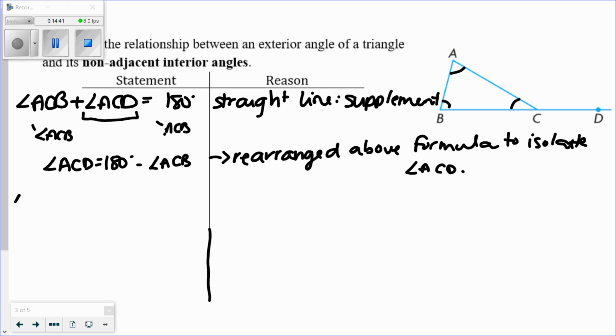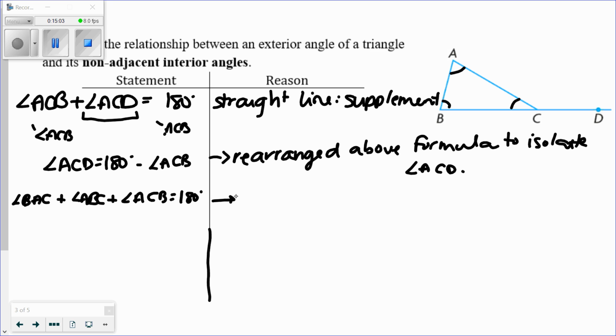So angle BAC plus angle ABC plus angle ACB needs to be equal to 180 degrees.